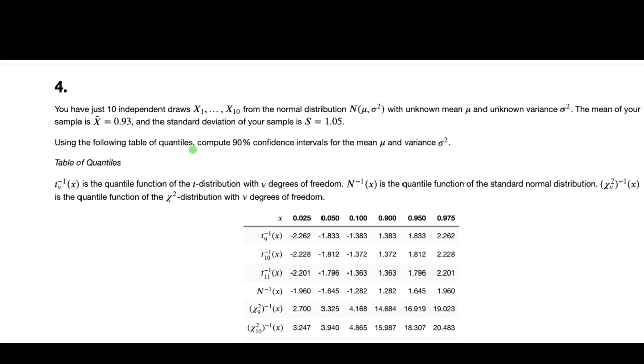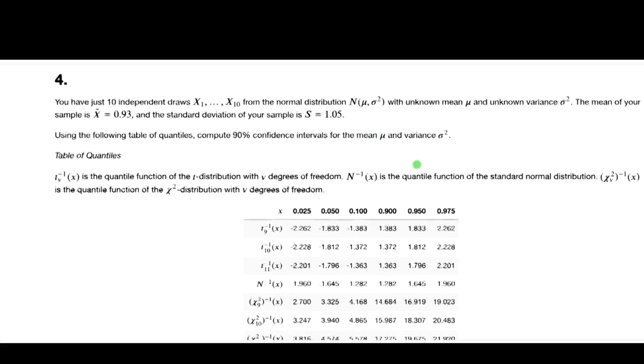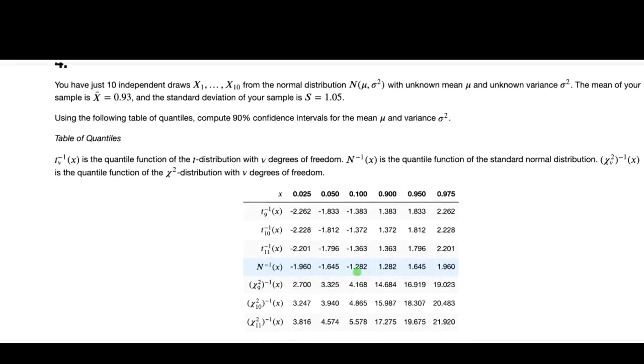Using the following table of quantiles, compute a 90% confidence interval for the mean mu and for the variance sigma squared. So in this table we have the t-distribution quantiles with 9, 10 and 11 degrees of freedom. We have quantiles of the normal distribution and we have quantiles of the chi-squared distribution also with 9, 10 and 11 degrees of freedom respectively.